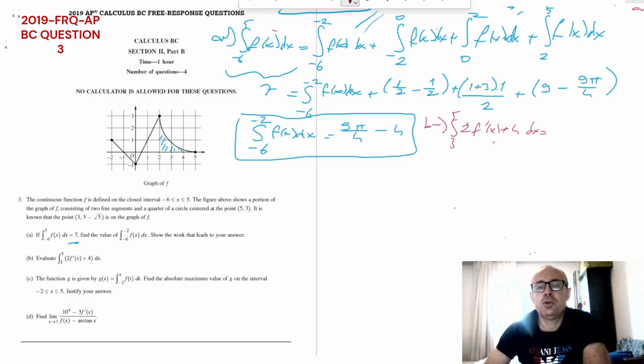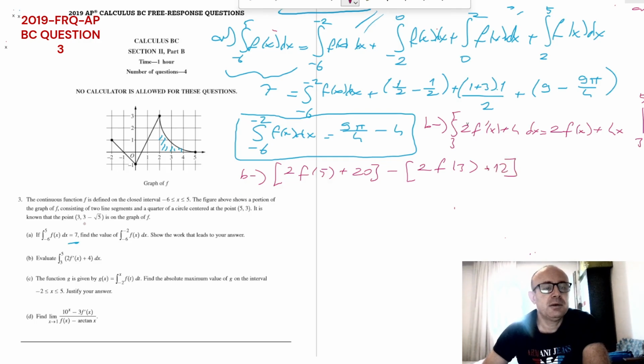This will be equal to, of course, the integral of f derivative of x is f of x, so 2f(x) plus 4x from 3 to 5. First substitute x equals 5: 2f(5) plus 20, minus, now substitute 3: 2f(3) plus 12.